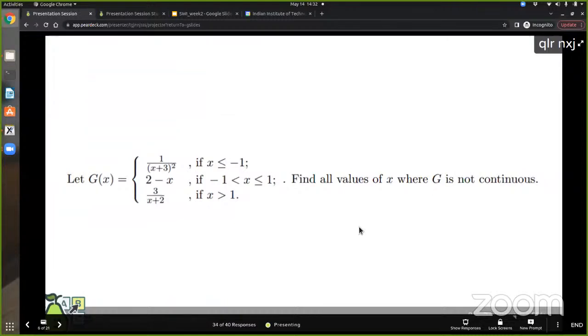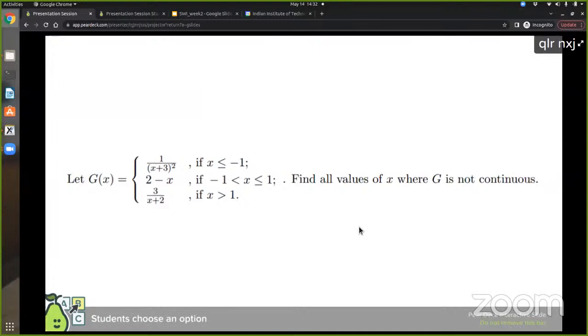Ma'am, can I ask something? As you said, if we have to check whether at a point the function is continuous or not, we check the left hand limit and the value at the point and then the right hand limit, right? At any given point, if it is coming undefined and the nearby point is also coming undefined, then will it be continuous or not? No, undefined is never continuous.